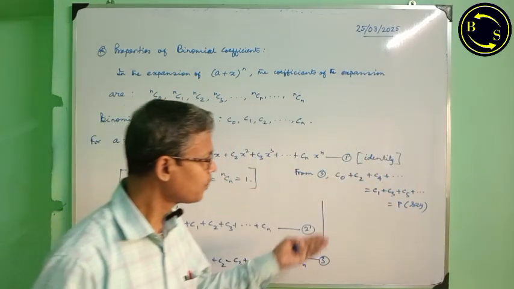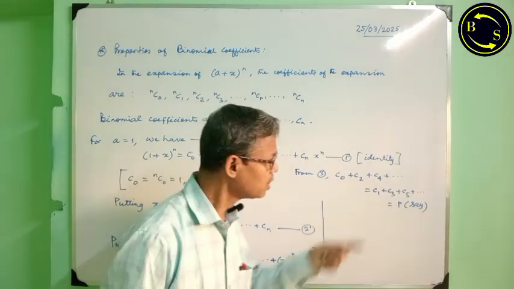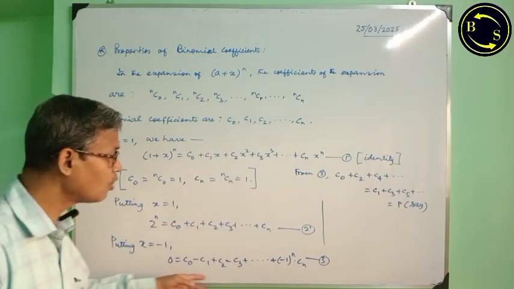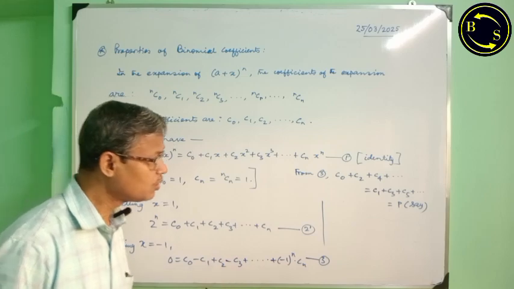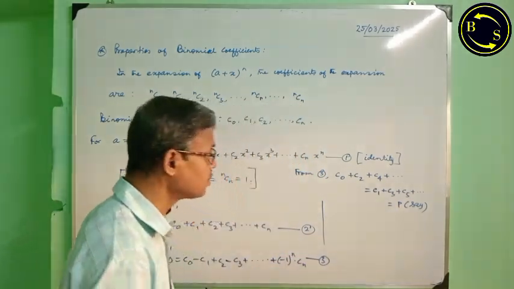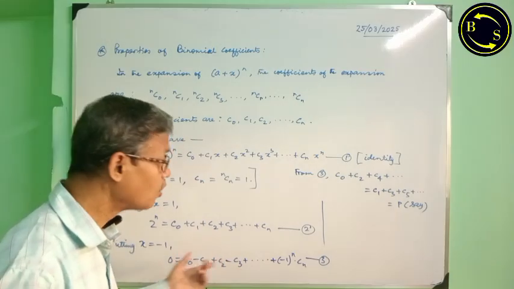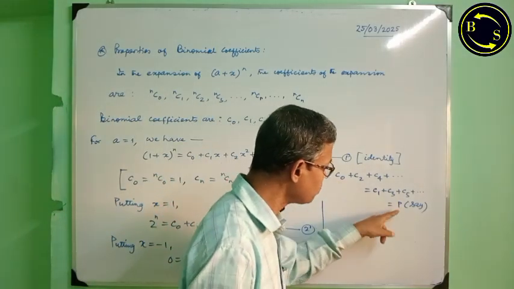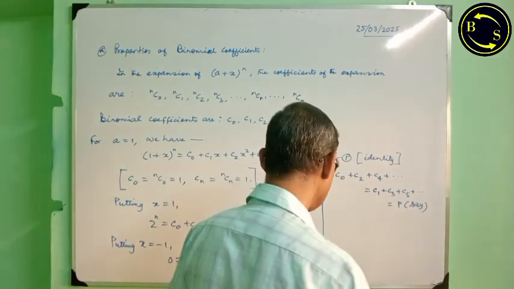Thus we see the sum of the coefficients placed in the odd places is equal to the sum of the coefficients placed at the even places.